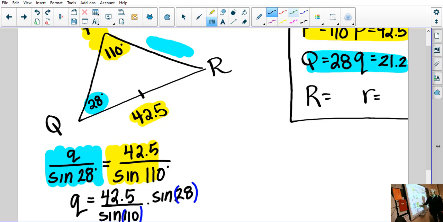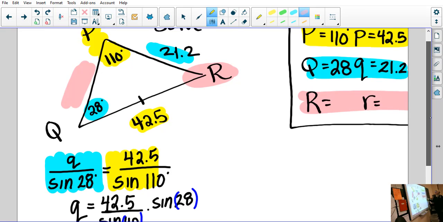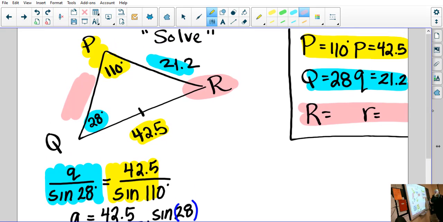Okay, let's put that in here, 21.2. Now R, we didn't know anything about that, but they would go together. What could I figure out? The angle. Angle R, because what do you know about all the angles in a triangle?